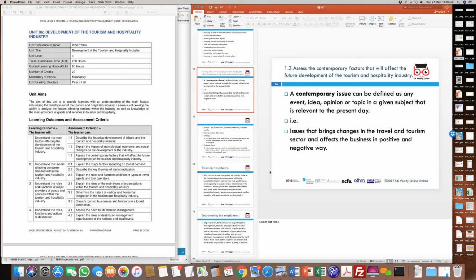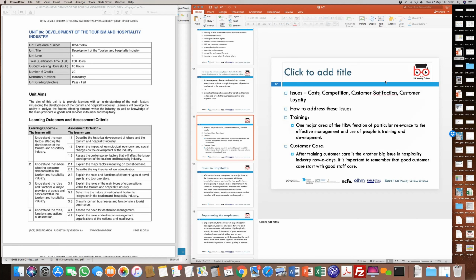So when you look at understanding contemporary factors which are going to be issues on an ongoing basis in this industry, we will study a few. The few that I've listed, a term you will see quite often, are the 4 C's, which are very particular and pertinent to the travel, tourism and hospitality sector. These are ongoing issues within the sector.